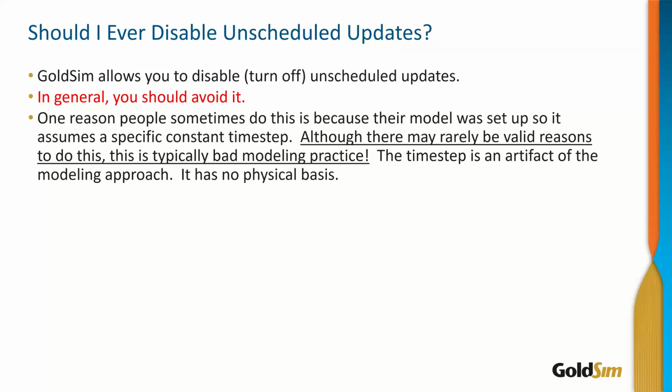One reason people tend to disable these unscheduled updates once they learn they can is because they've set up their model and assumed somewhere in their calculations there's a constant time step. In particular, there may be some part of their model where they're referring to 1 day or 1 year or 1 month. They're actually using that.